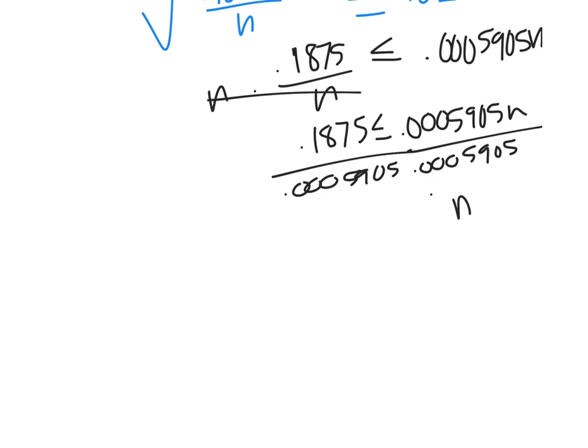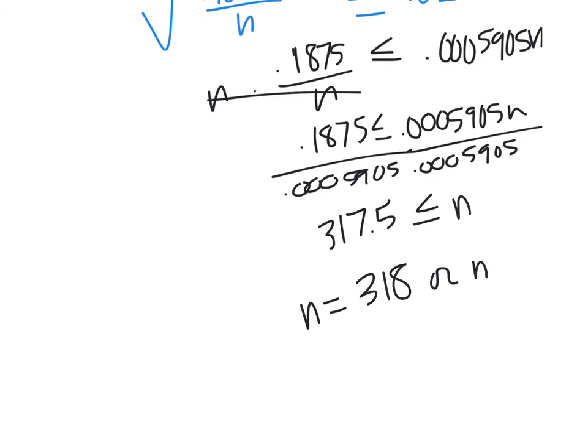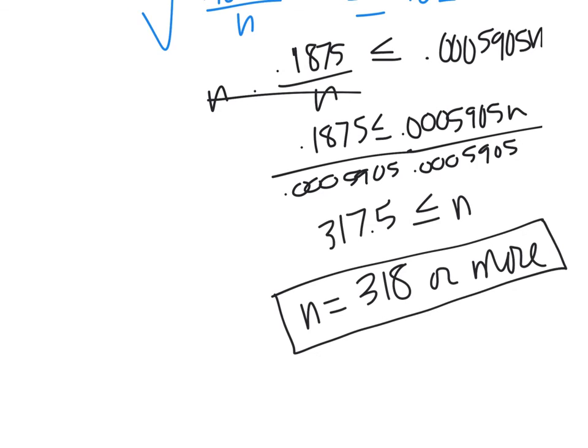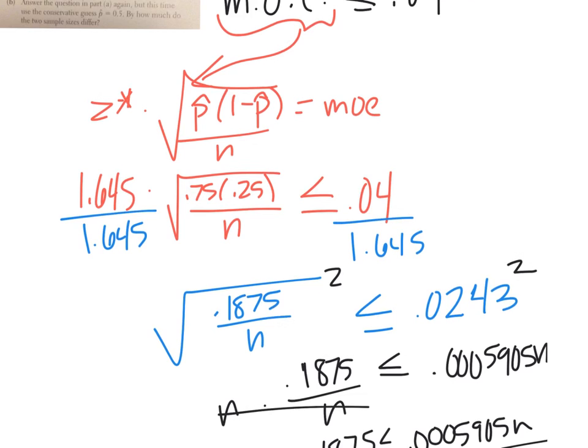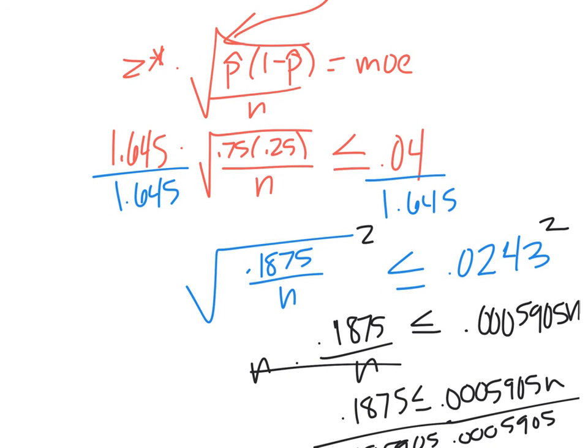I end up getting 317.5, so we'll need to round that up to 318. So my sample size needs to be 318 or more if I want my margin of error to be 4% or less. So I basically just started with the margin of error formula and solved for n.